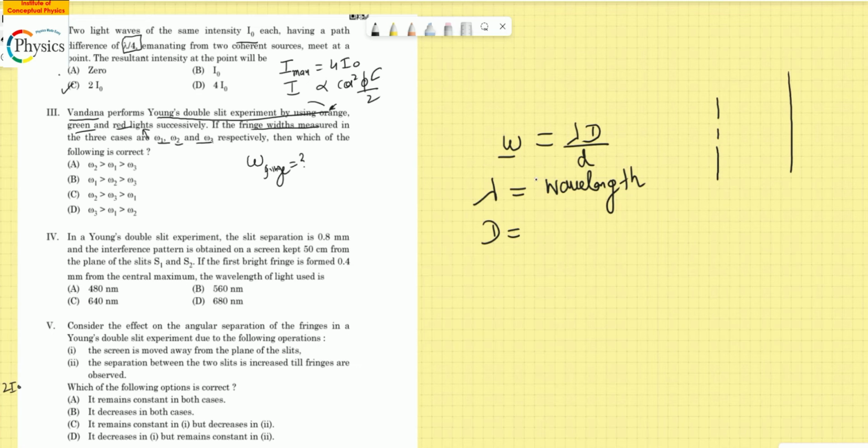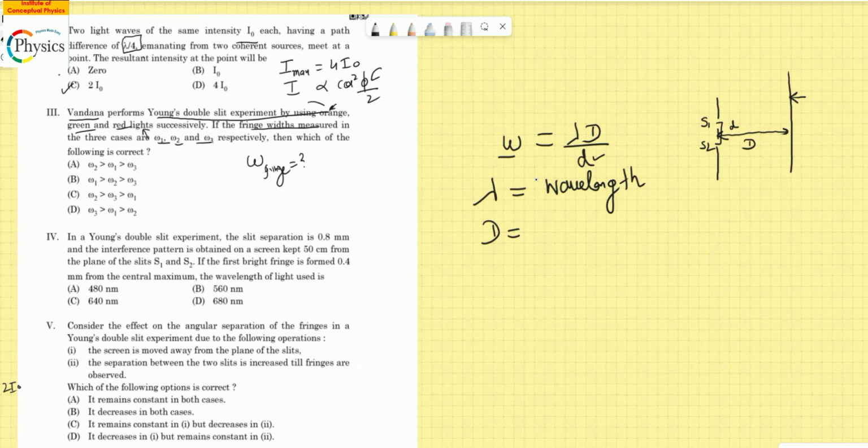So if these are the two slits, and this is your viewing screen where the fringe is getting formed, this distance is capital D, and small d is the slit separation, the distance between the two slits.